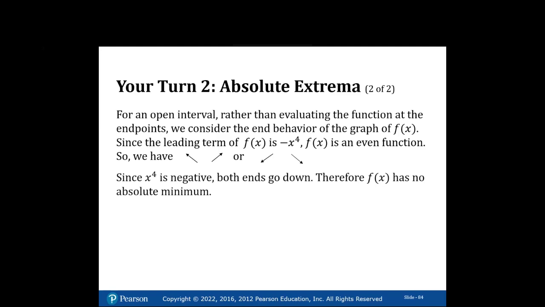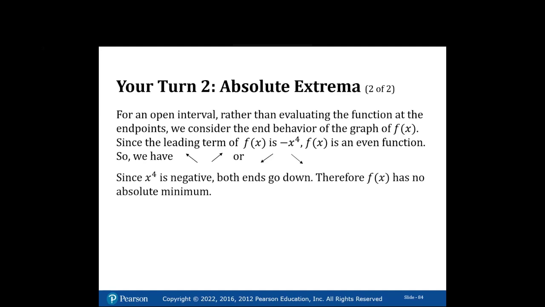But it's negative, right? X to the fourth has a coefficient of -1. So both ends have to go down. So no matter what happens in the center of our graph, how many times it bumps or whatever happens, we know that at the end it's going to go down, both of them.